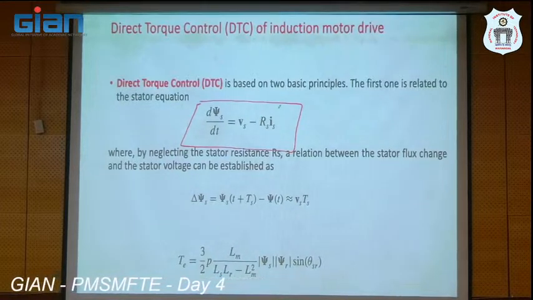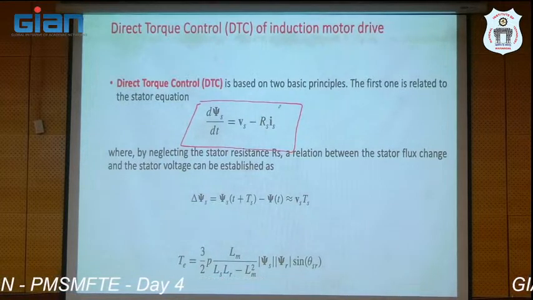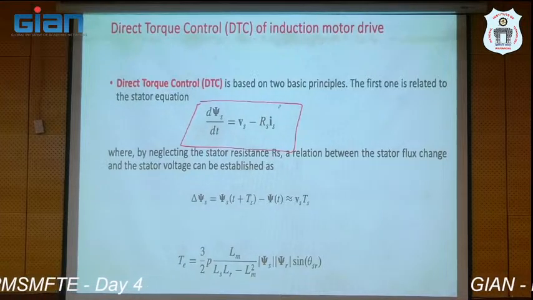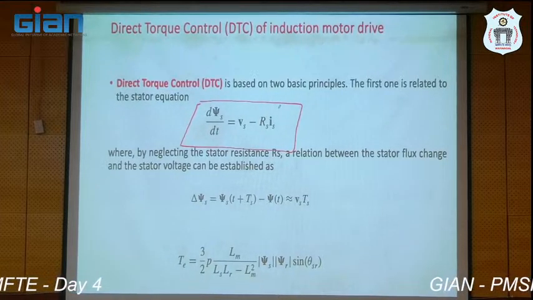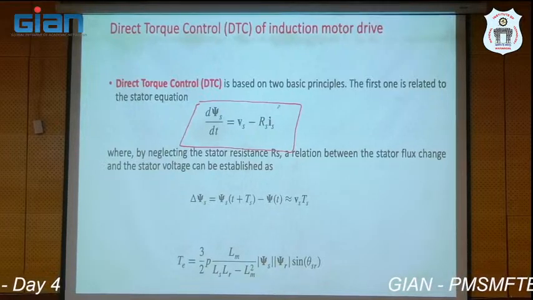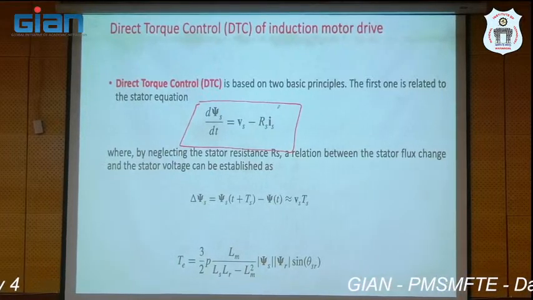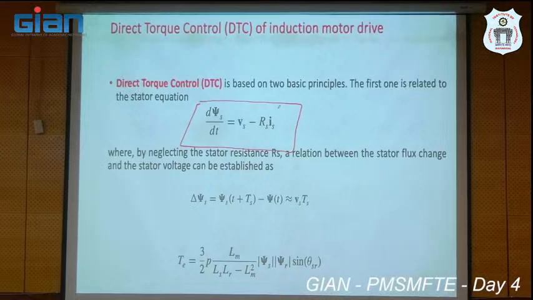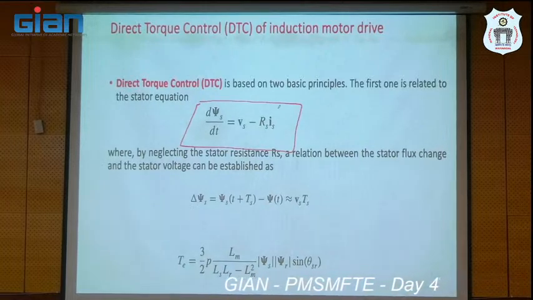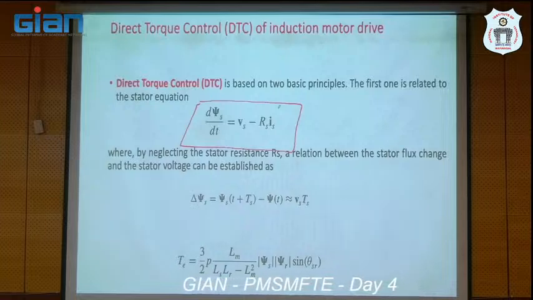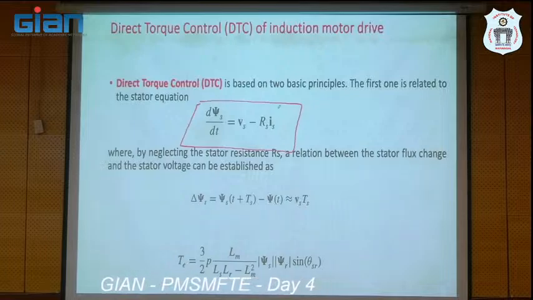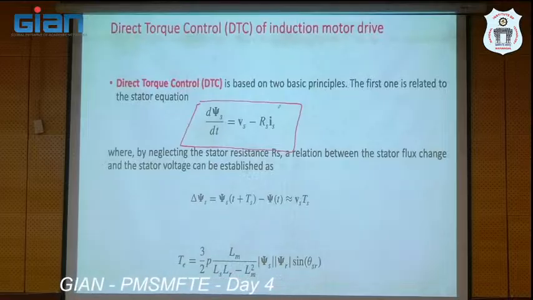The main object of Id is to control the resultant flux. We are concentrating on the resultant, the net. Here also in DTC, we take the resultant voltage, resultant flux and resultant current drawn by the machine. This is the mathematical expression for resultant flux, resultant voltage and resultant current. What is the nature of the resultant flux? It is rotating. The resultant voltage and resultant current are all vectors, all rotating in nature.